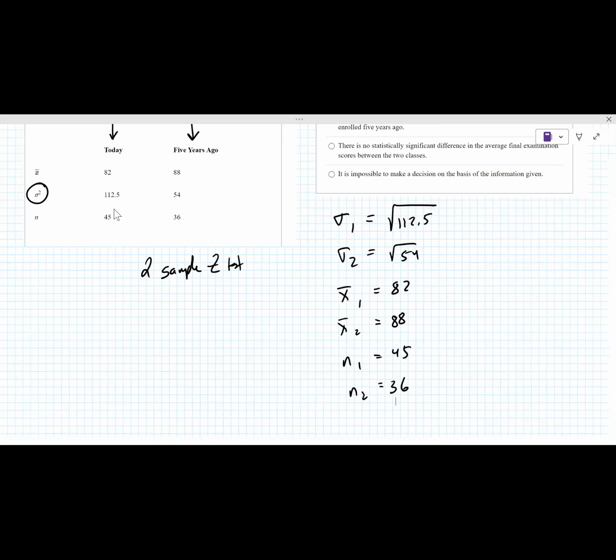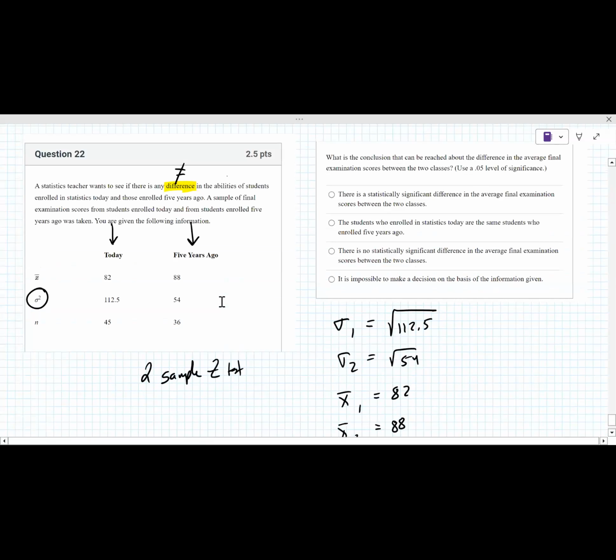We want the p-value. So make sure you choose the not equal to for this. Oh shoot, I don't know if I did that. I got exactly 0 for P. Oh yeah, I did choose not equal to. Let me double check.